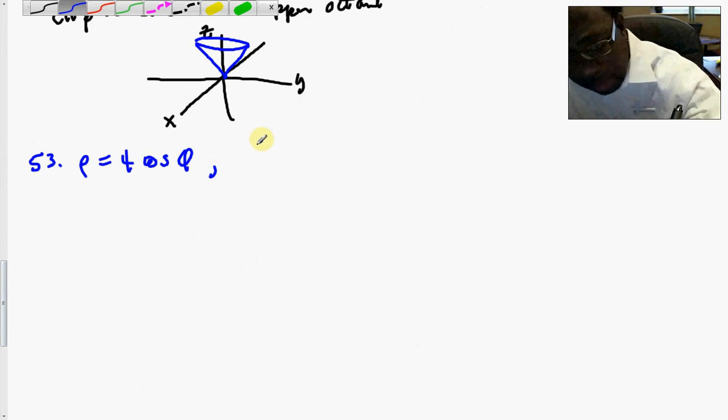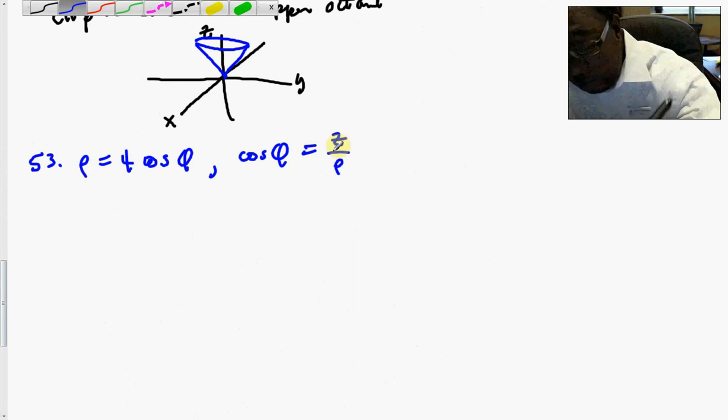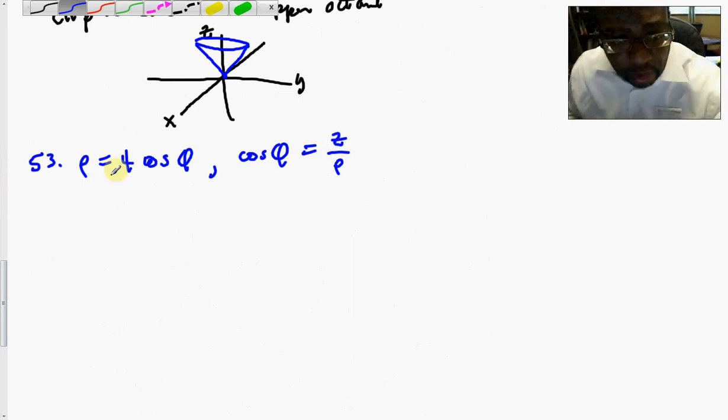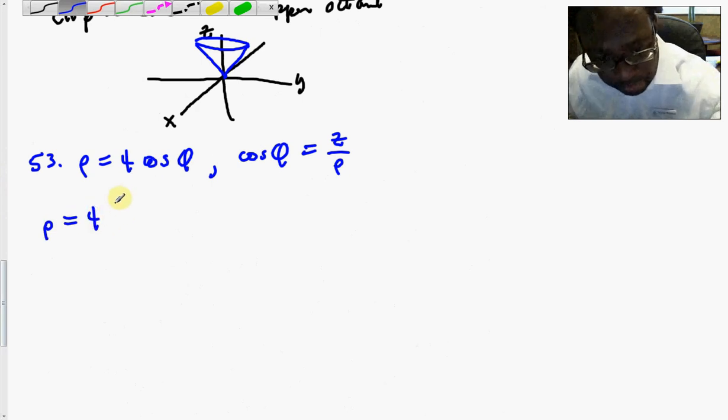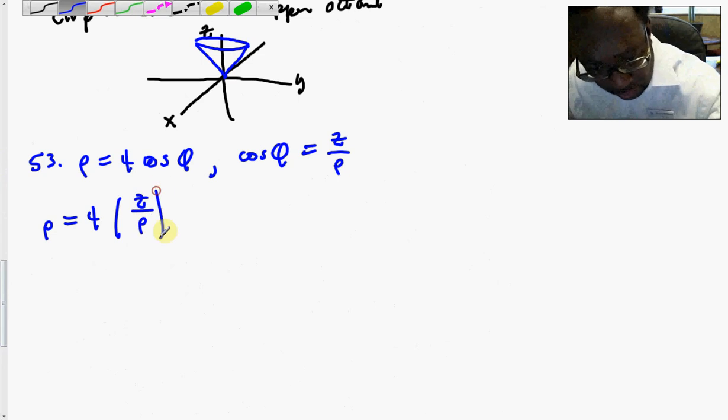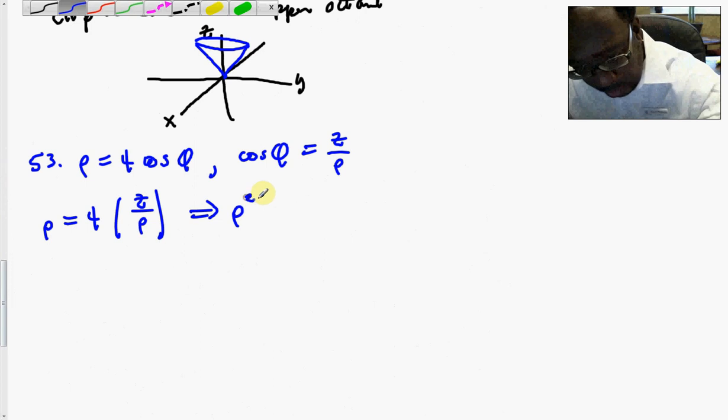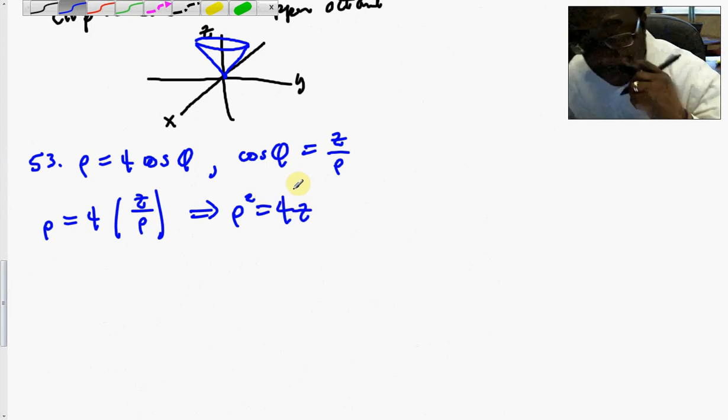We know that cosine phi is equal to z over rho. So let's use that. Replace this cosine phi with z over rho. So here we have rho is equal to 4 times z over rho. Multiply both sides by rho. So we get rho squared is equal to 4z.